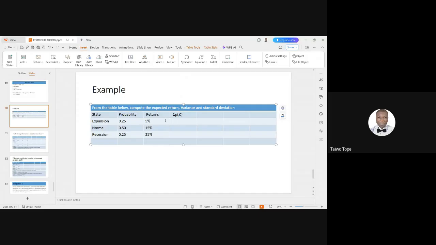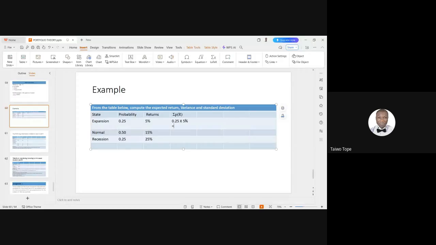P multiplied by your R. When it is expansion, 0.25 multiplied by 5% will give us what? 1.25.